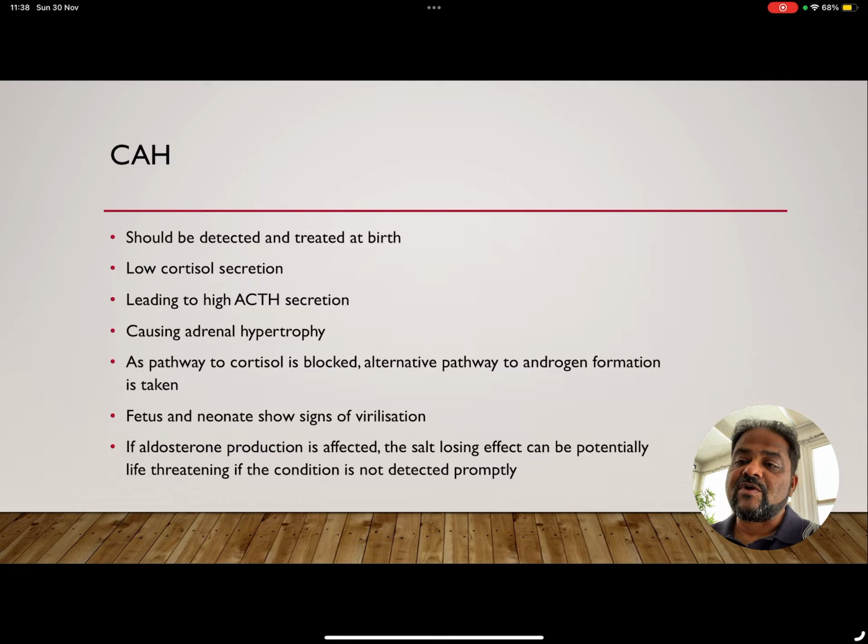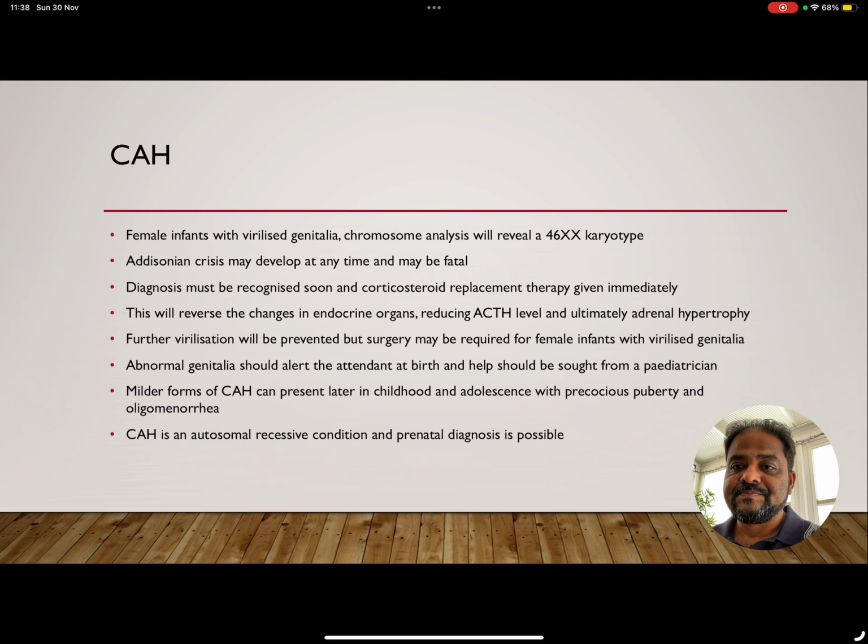As the pathway to cortisol is blocked, alternative pathways to androgen formation are taken, and the fetus and the neonate show signs of virilization. If aldosterone production is affected, the salt losing effect can be potentially life threatening if the condition is not detected promptly. That's the reason that the sooner this condition is detected and treated, the better the outcome.